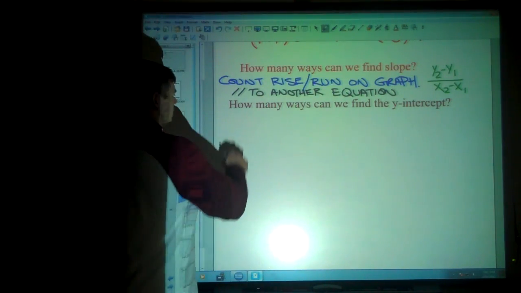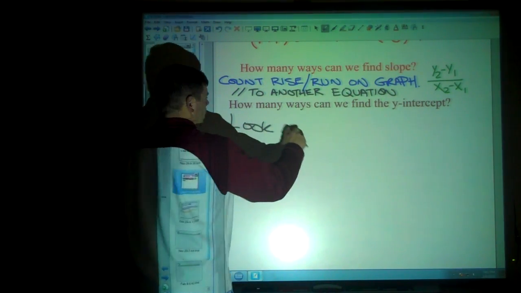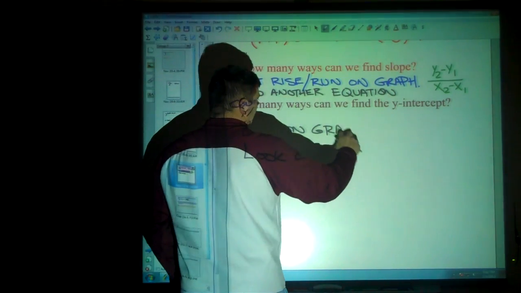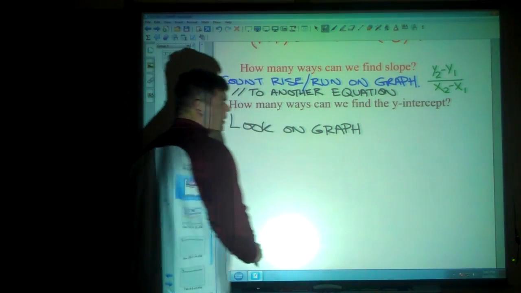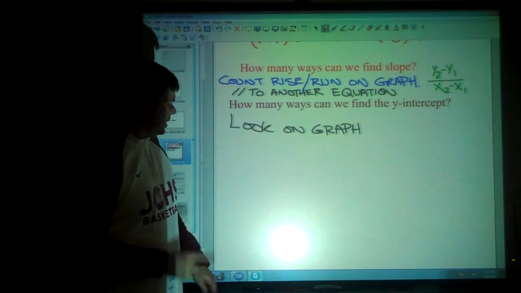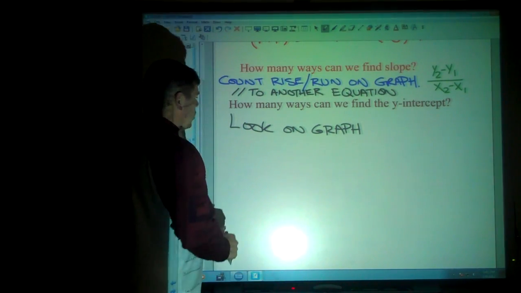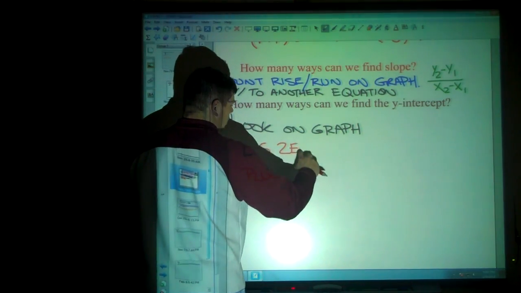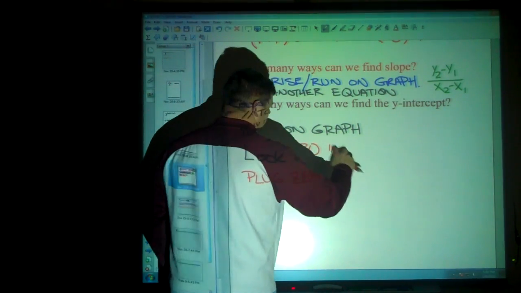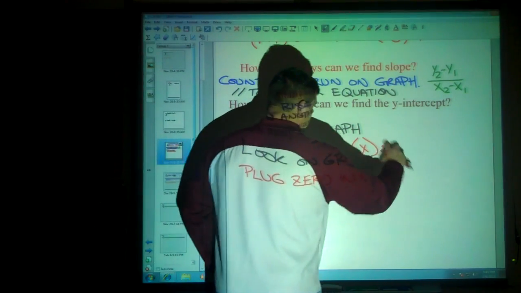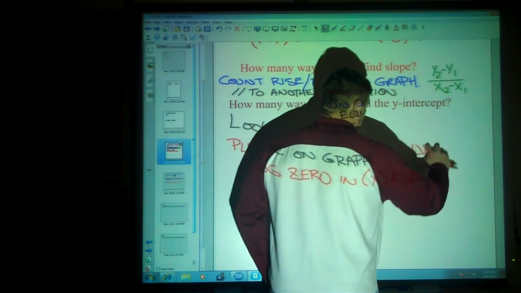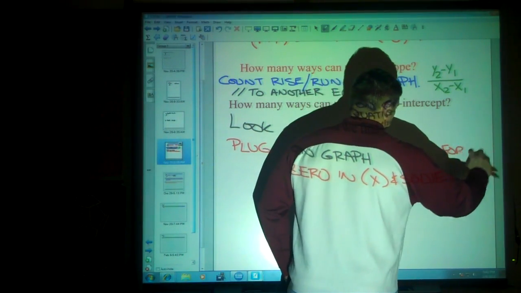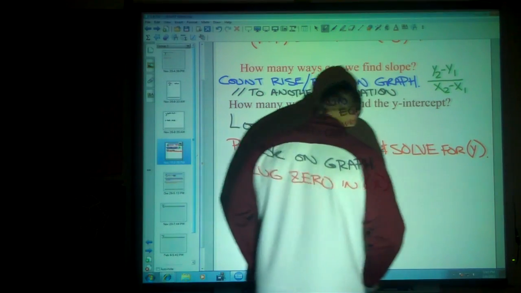Well, one method is we could look on the graph. If we look at the graph, we'll see where our line actually crosses the y-axis. That's one method. Right? We know that we can plug 0 in for x and solve for y.